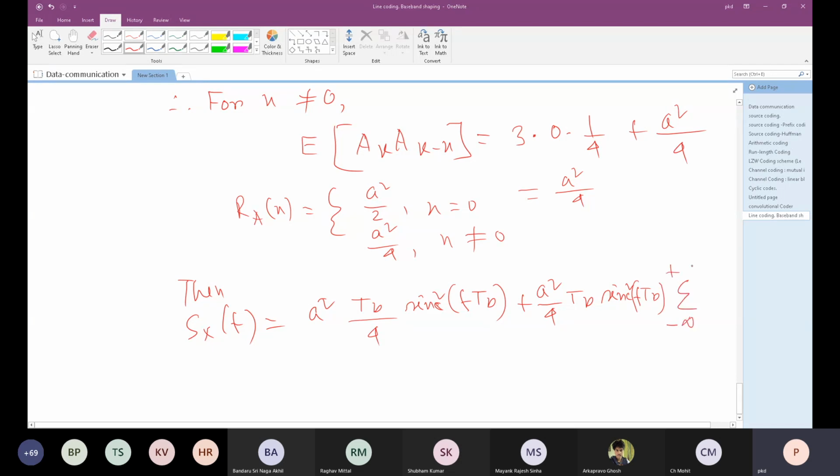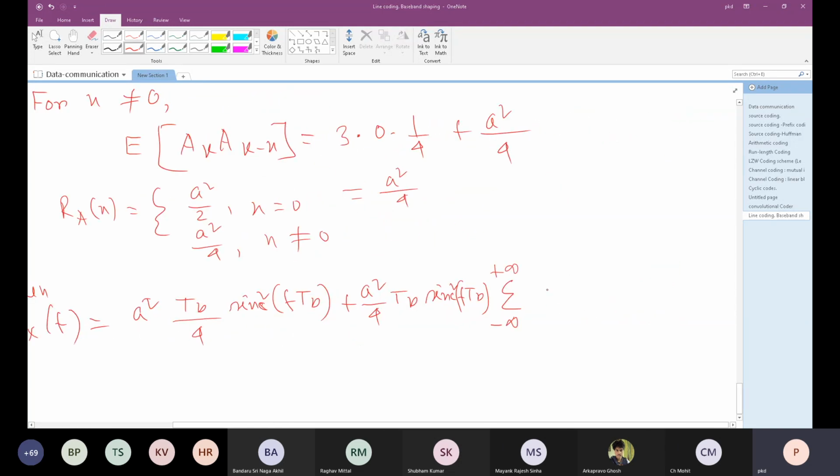summation from minus infinity to plus infinity. There is a shift, so that shift will create a multiplication term with exponential of j 2 pi n T_B.